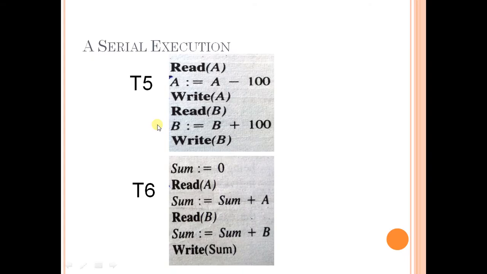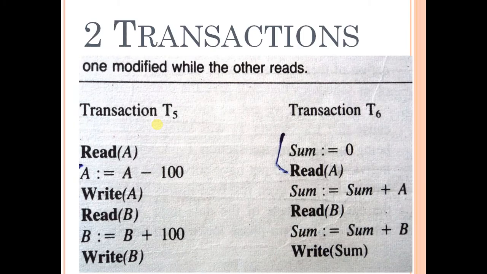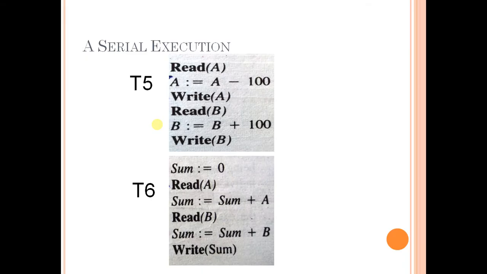So now there are two types of execution of a given transaction set. Number one, a serial execution, and number two, a non-serial execution. Now, what is a serial execution? See, if transactions are executed just like this, one after the other.